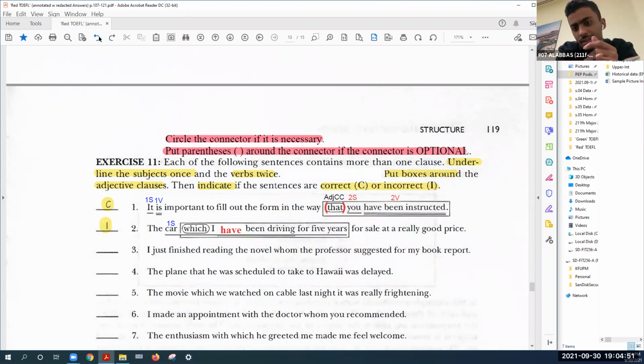We should put "is," but the second verb, "for sale." The first verb is "for sale." Is it for sale? Is that a verb? What is "for"? It's a preposition.